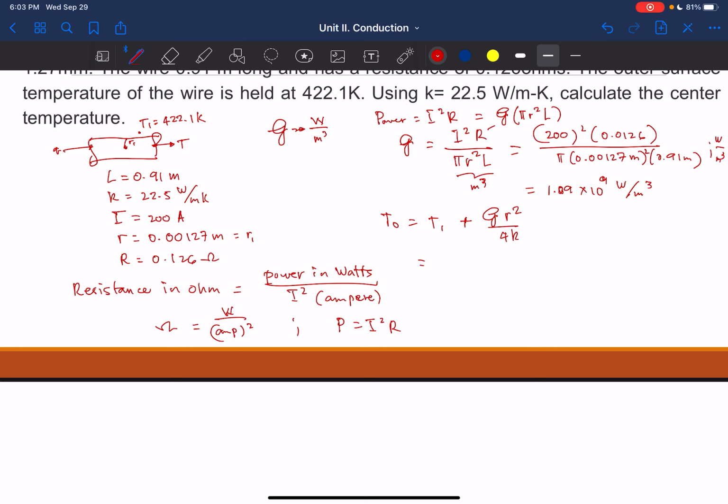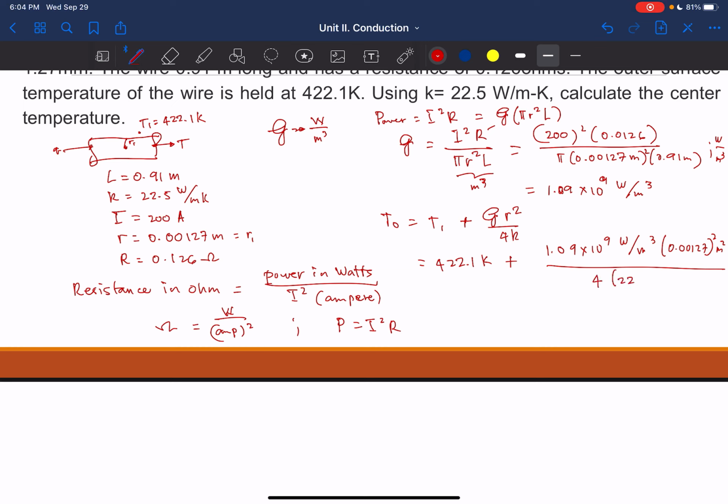Plugging it here, T1 is 422.1, so that's your surface temperature in Kelvin, plus 1.09 times 10 to the 9th watt per cubic meter, times your radius squared, 0.00127 squared meter squared, all over 4K.